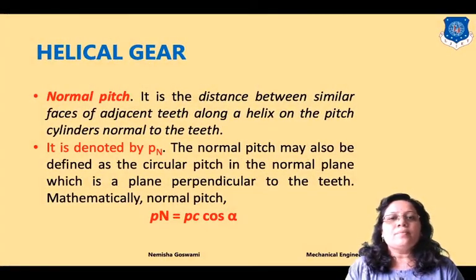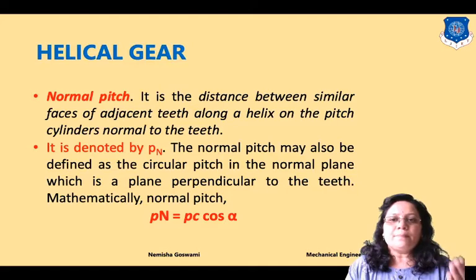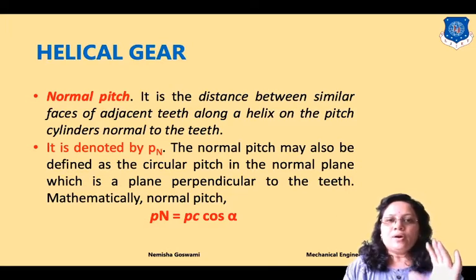Next is normal pitch. What is normal pitch? The distance between similar faces of two consecutive teeth, or the distance between similar faces of adjacent teeth along a helix on the pitch cylinder, is known as the normal pitch. Normal pitch is given by Pn.